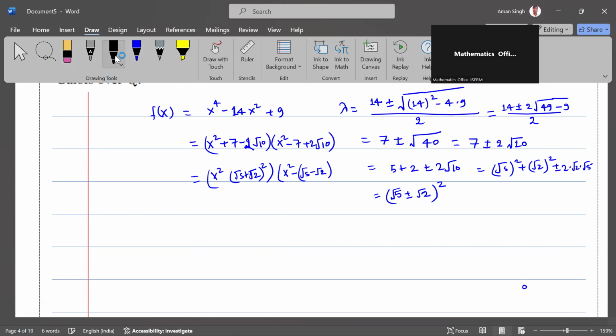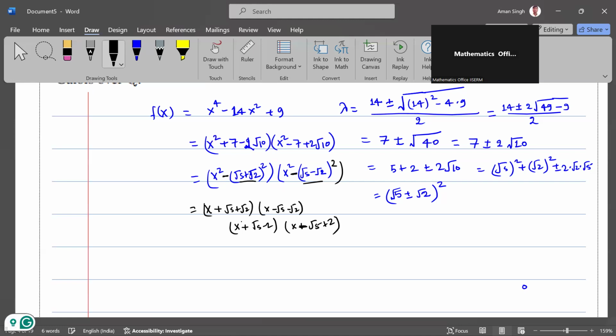When you are getting roots, x minus a should be the factor, so here it is minus. Now you can just factorize: x plus root 5 plus root 2, x minus root 5 minus root 2. This is the first factor. In the second you have x plus root 5 minus root 2 and x minus root 5 plus root 2.